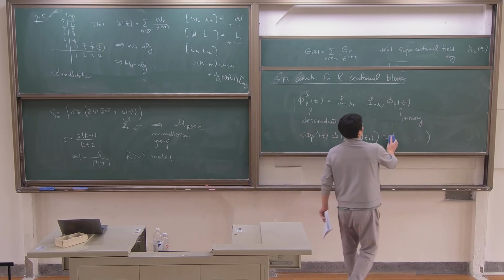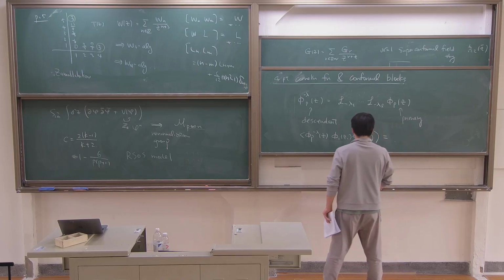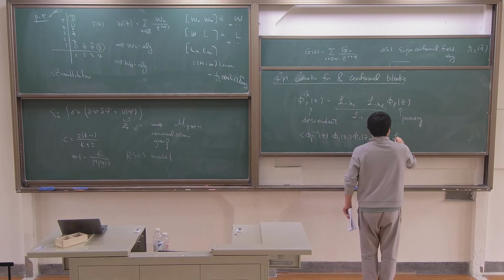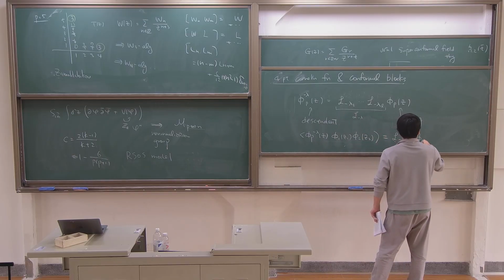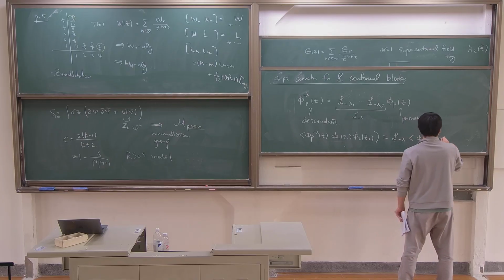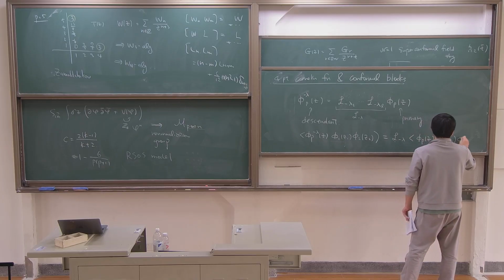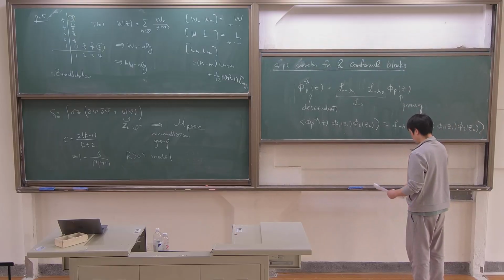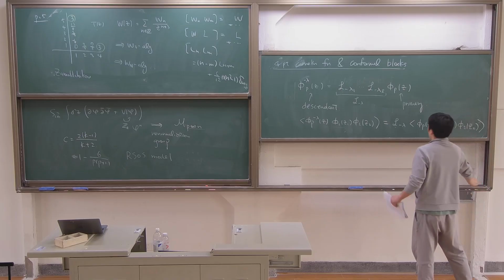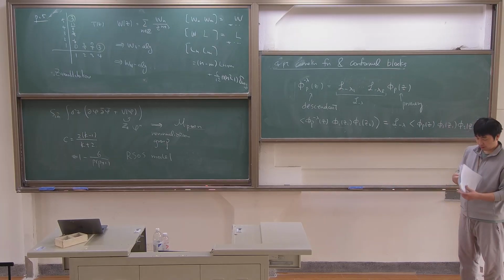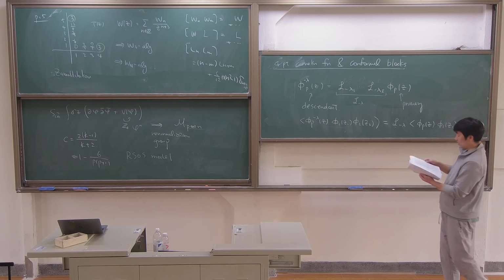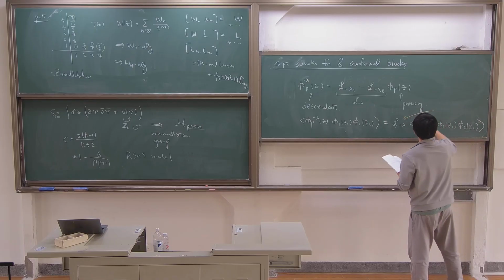More precisely, this is my notation: L minus lambda acts on phi p of z. Like this. Okay, and this one can be understood as the differential operator.